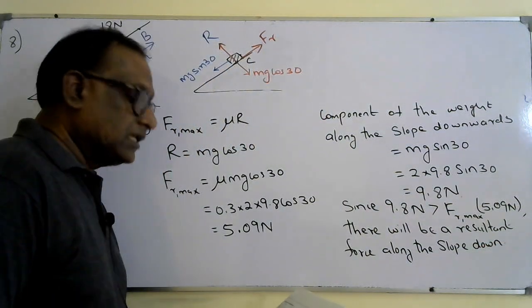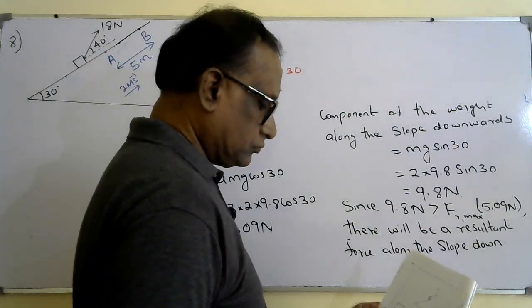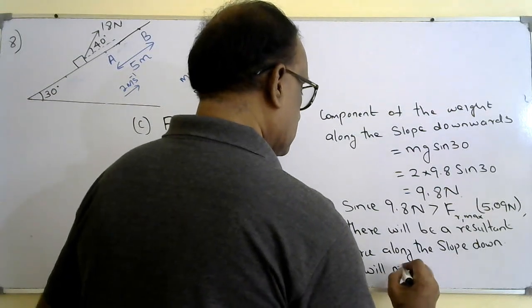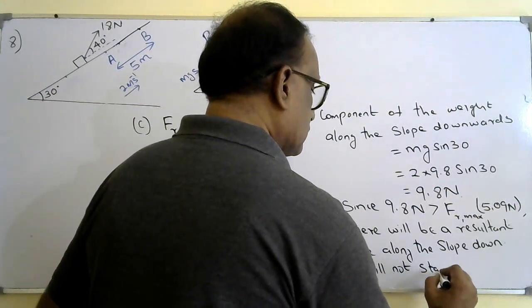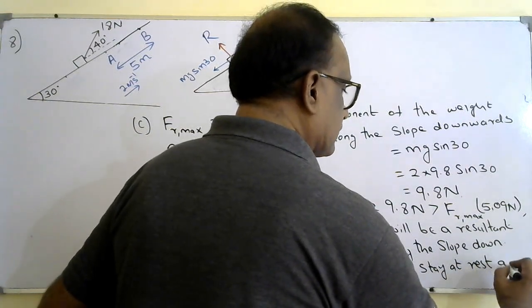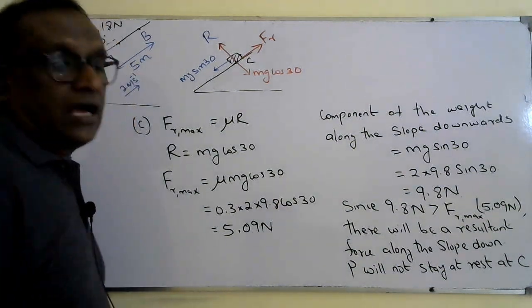So the parcel will not stay at rest, or P will not stay at rest at C. It won't stay at rest because it will accelerate down.